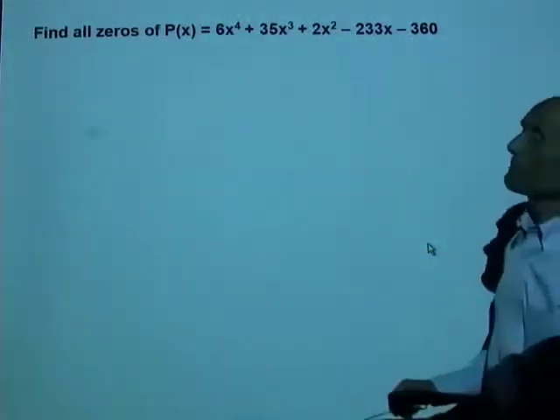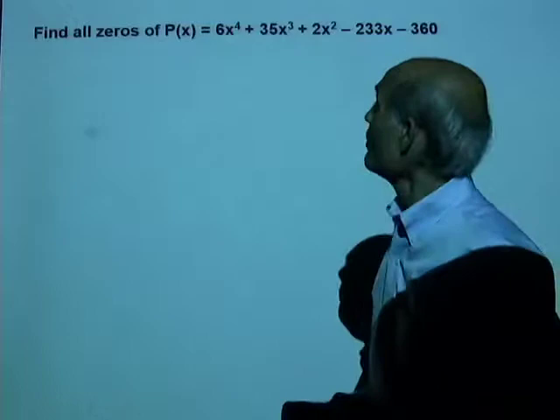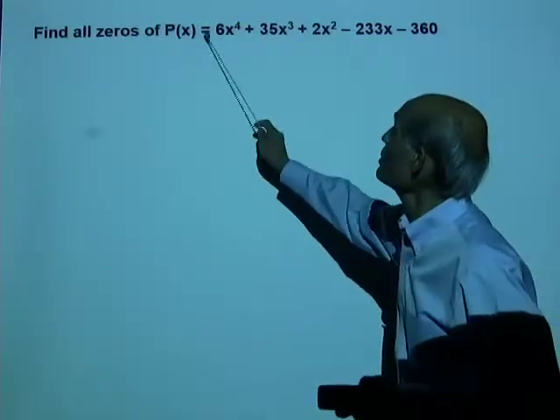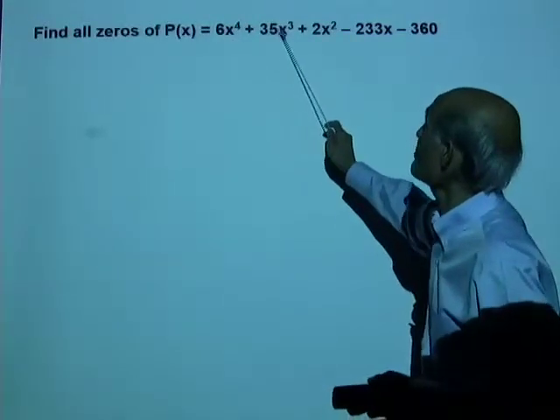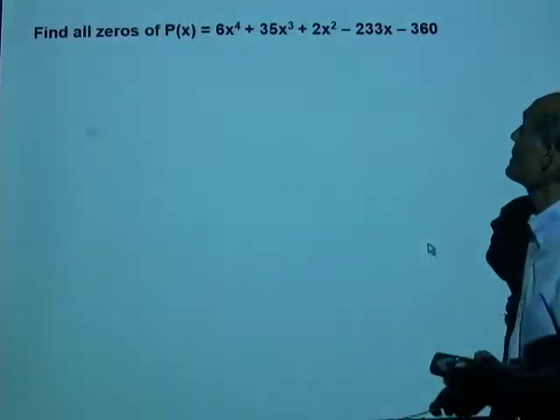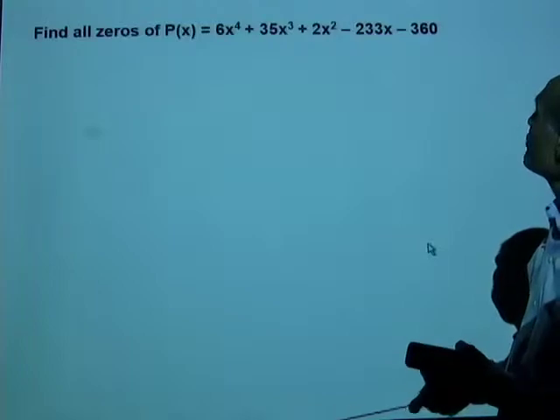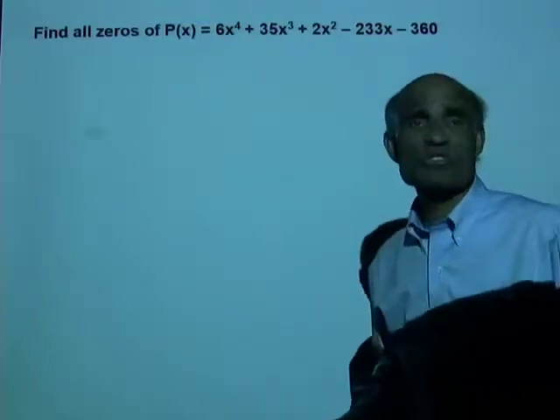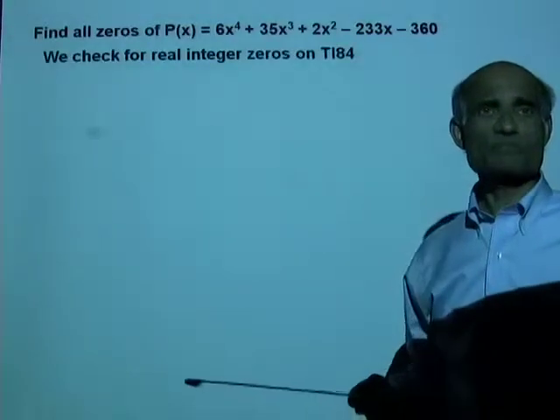All right. Try another one. Find all zeros of p of x equal to 6x to the power 4 plus 35x cubed plus 2x squared minus 233x minus 360. Big numbers.